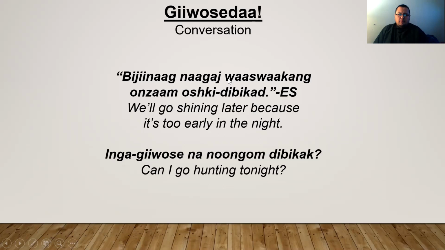So I'm assuming waswakang is a spotlight. Some was has something to do with the light. I could be wrong, I'm just guessing, I'm learning too. And I know nagaj is just later. Ushki dibikad means it's not dark yet.